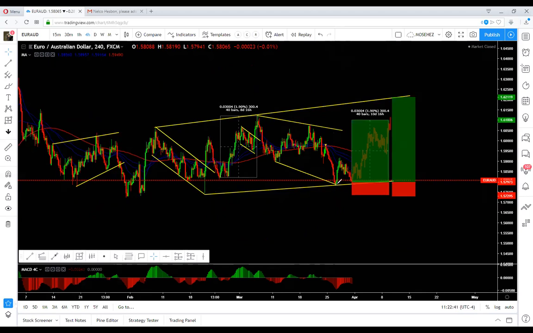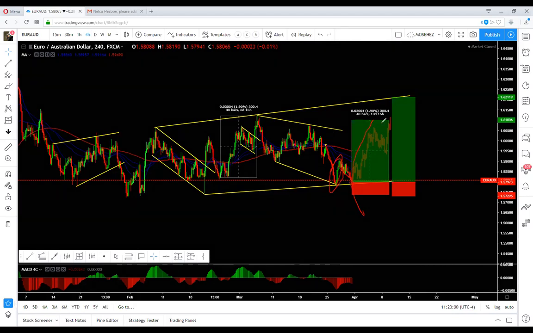This was an impulse. This one is an impulse. Then it corrected down. So I expect it to keep moving up. You can see it's just a bigger correction that is happening. If it breaks down, I won't be in this trade. So what I will be looking for is impulses on the lower time frames.